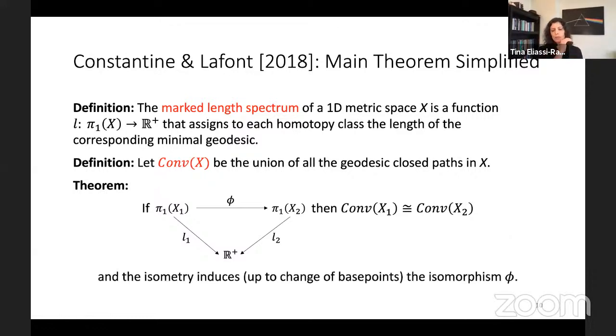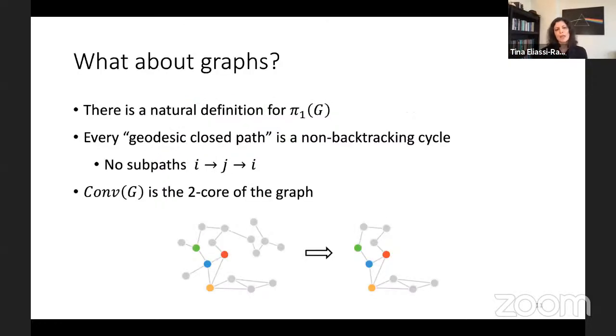And what we showed is, well, what about graphs? We care about graphs, not just one-dimensional metric spaces. Well, this notion of a homotopy class is natural to graphs. Every geodesic closed path is a non-backtracking cycle, where I can go from i to j and then not immediately come back to i.